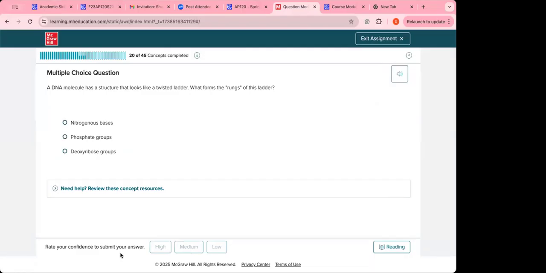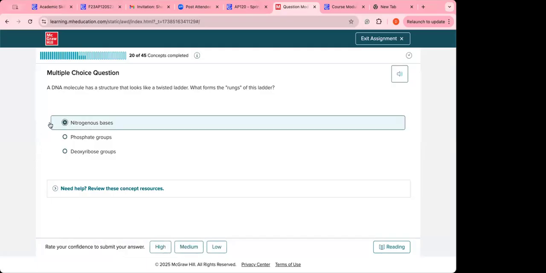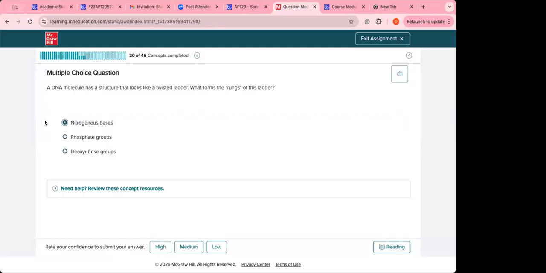A DNA molecule, okay, that's going to be nitrogenous bases. That's a different way of asking us the same question that they just asked. A DNA molecule has a structure that looks like a twisted ladder. What forms the rungs of this ladder?